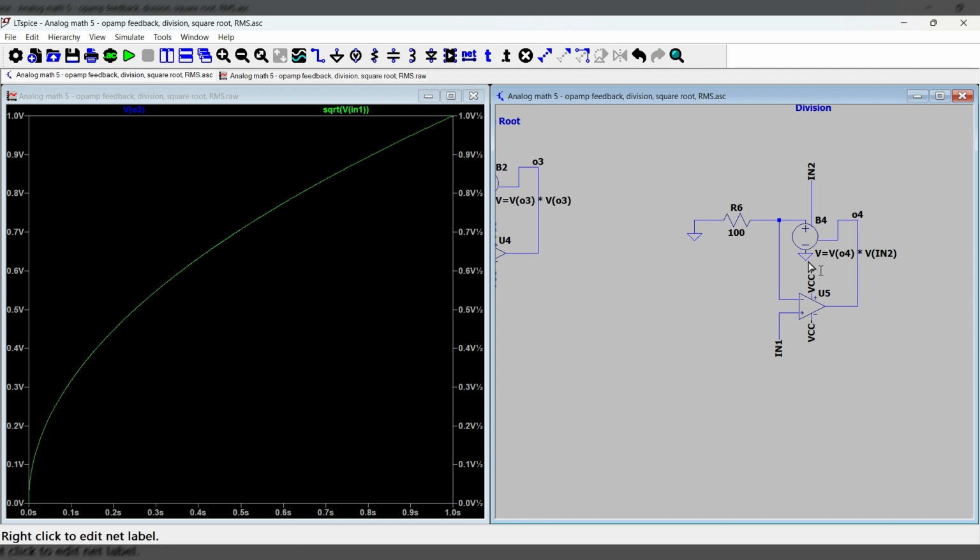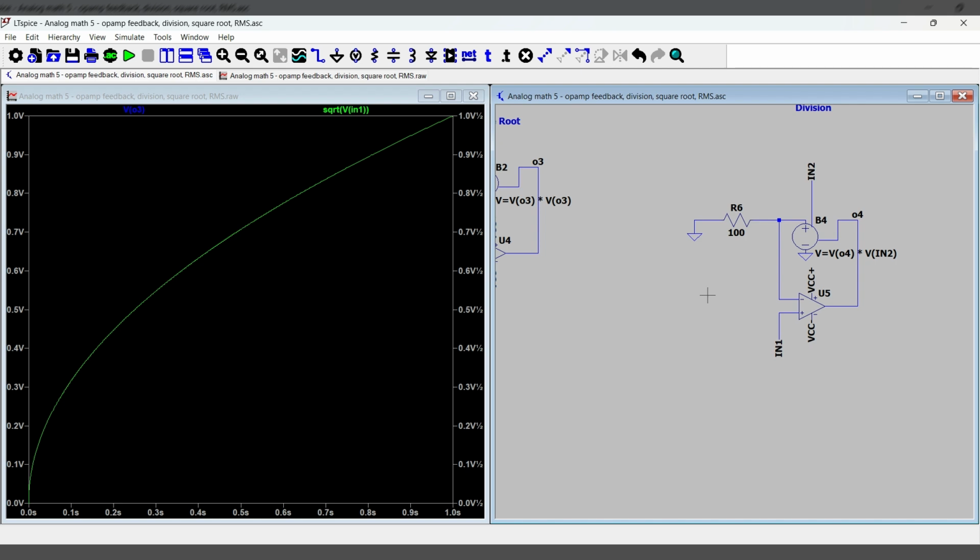So imagine if we had a division input of N2, the feedback path multiplies the output by N2. Therefore, the op-amp must take N1 and divide it by N2 in order to produce this output voltage.